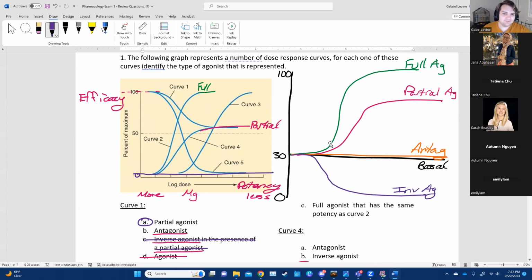Let me think on that. If the answer key says inverse agonist, right? Yes. It should go below the basal.